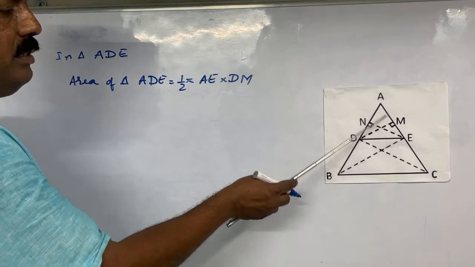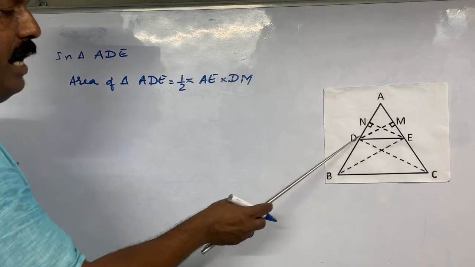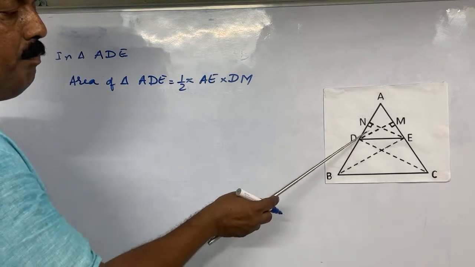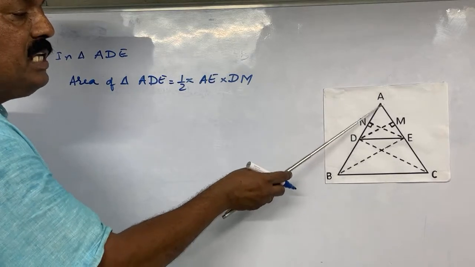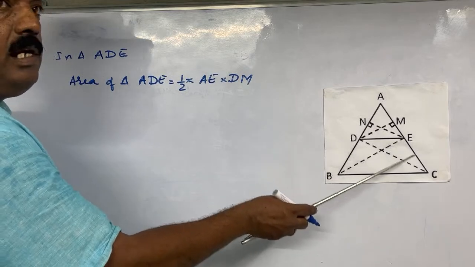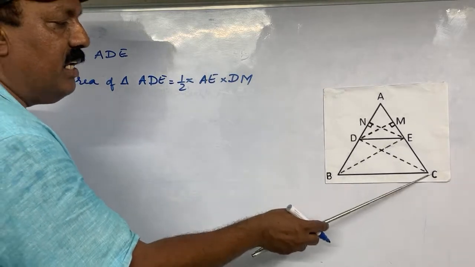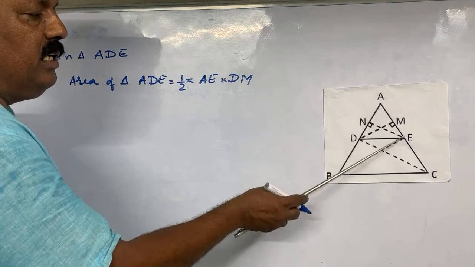And the height of the second triangle ADE is DM. And the height of the CDE triangle is also DM. Why? Because DM is perpendicular to the total line AC, not only AE.